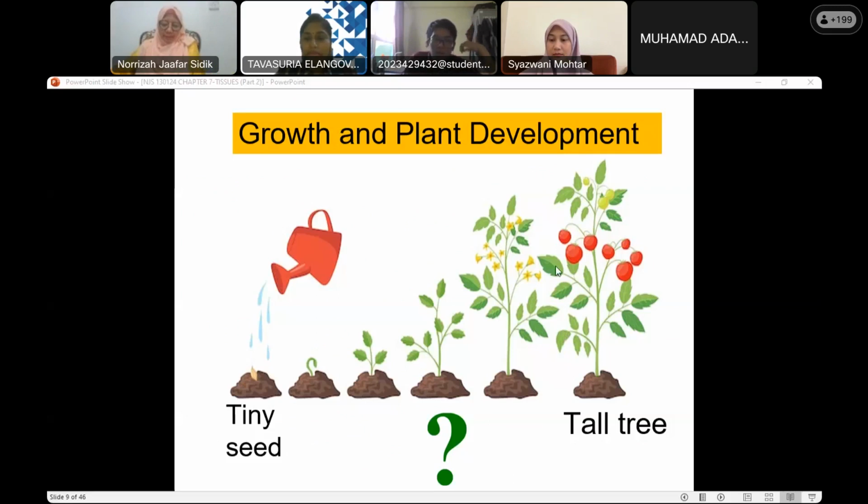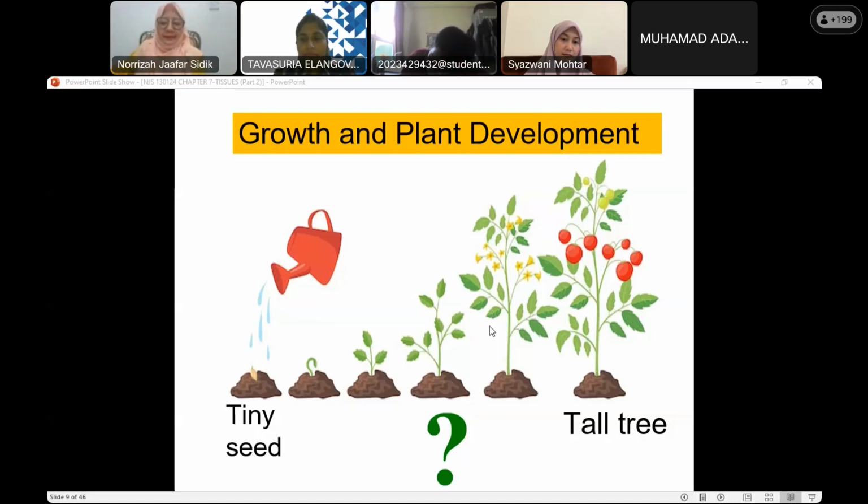Why does this happen? So what is the secret here? The secret lies in the meristem tissues that are responsible for the growth and development of the plants. So where can you find the meristem tissues?